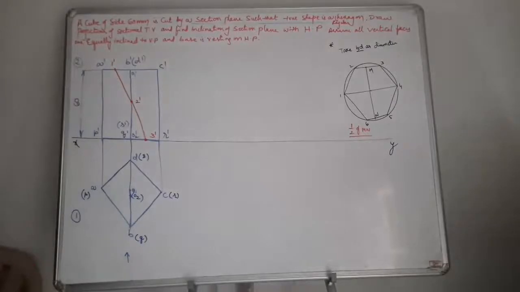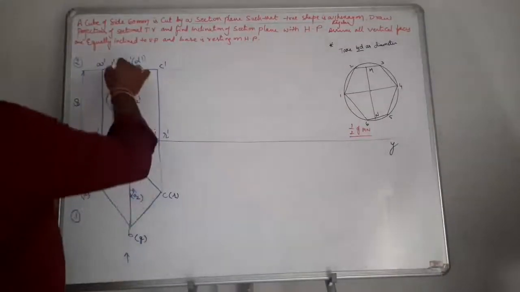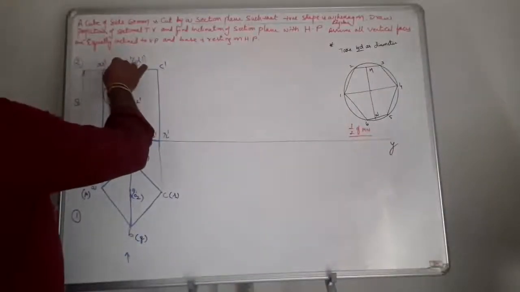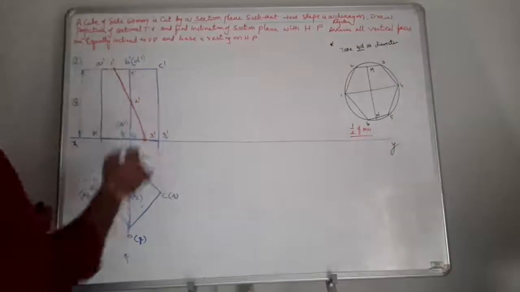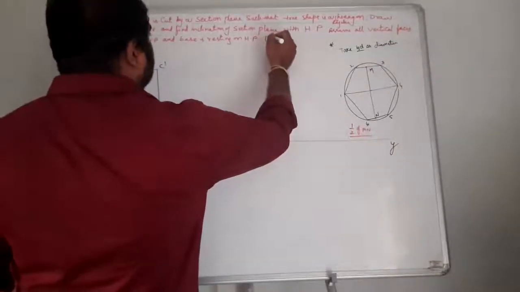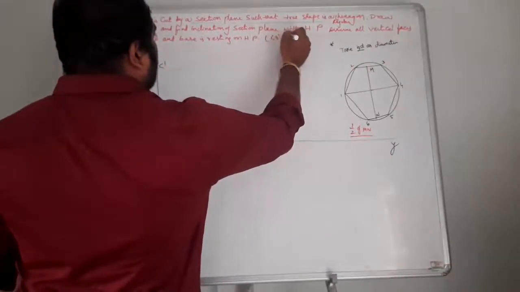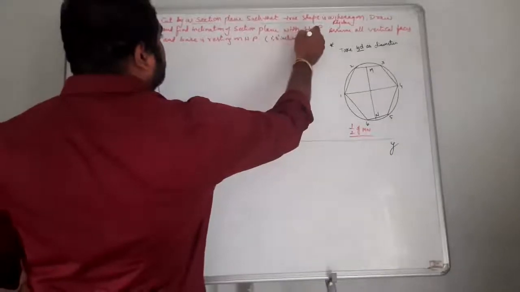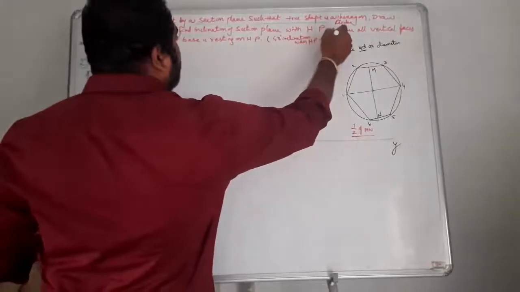Now if you measure the angle, you just obtain your theta. If you measure your angle between HP and 1 dash, 2 dash, 3 dash, you will obtain theta. The 1 dash, 3 dash inclination with HP, you will obtain theta.